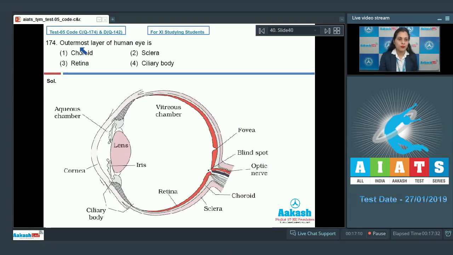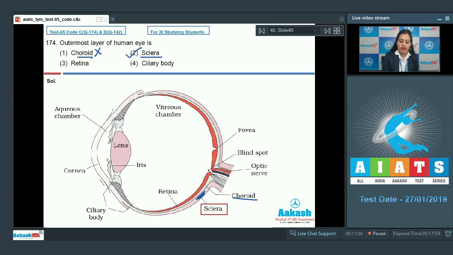Question number 174. Outermost layer of human eye is, and options are choroid, sclera, retina and ciliary body. And the correct answer to this question is option number 2, sclera. As you can see here, this sclera represents the outermost layer of human eye, and this is followed by a middle layer which is choroid.